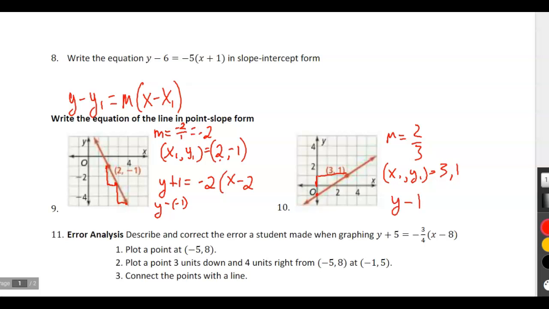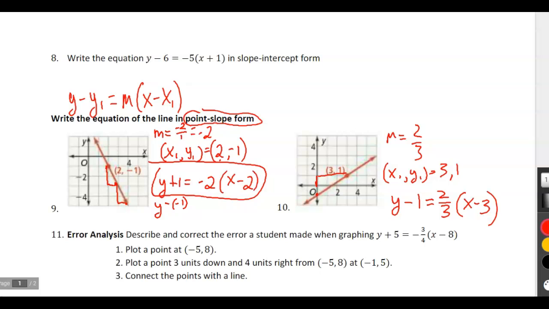My y1 is 1, equals my slope, +2/3, times x minus 3. The directions here say write it in point slope form. That's what this is. Parentheses. That's what this is. So stop.